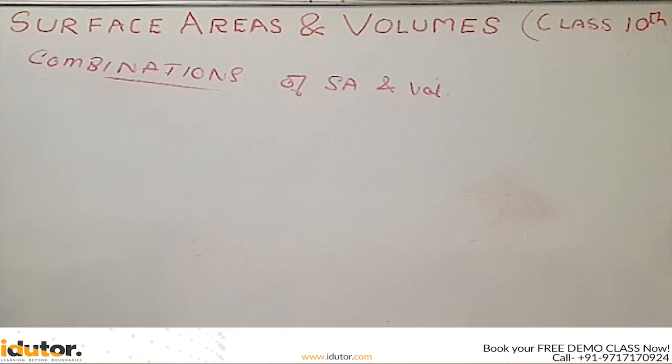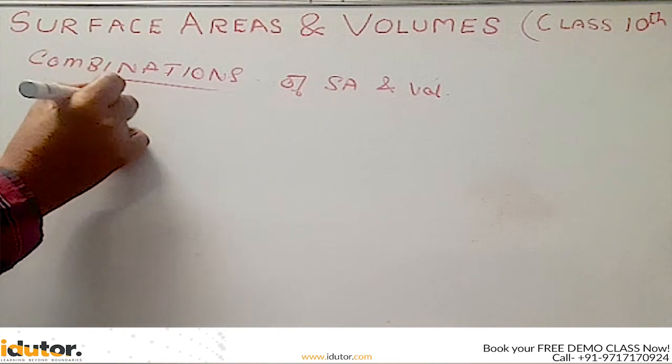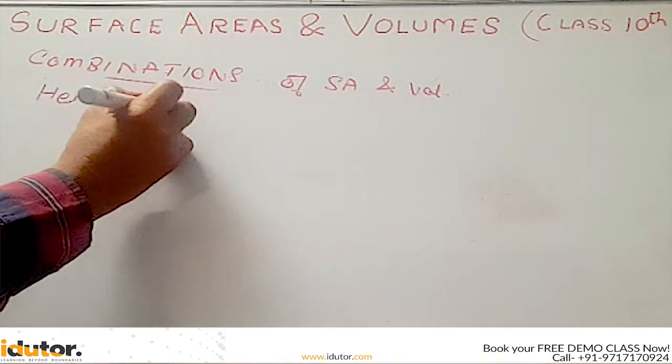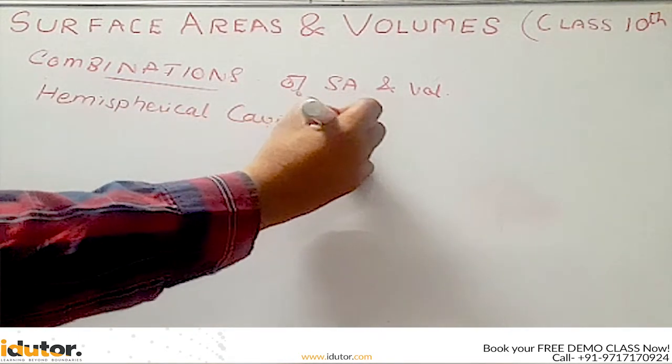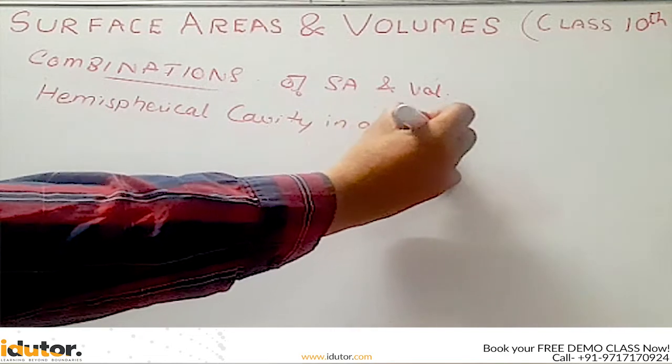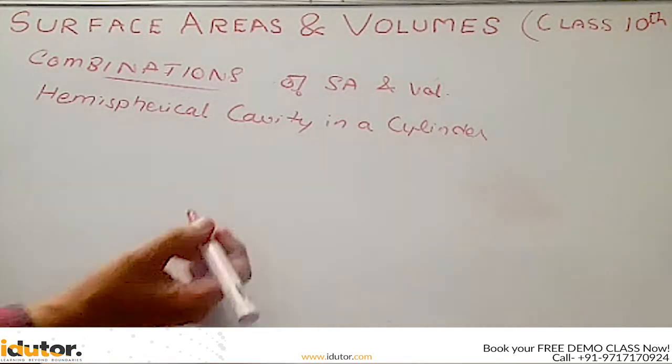The next topic is hemispherical cavity in a cylinder. Here, cavity we have already discussed. Cavity means some part of it is taken out with the help of some machine or something like that.